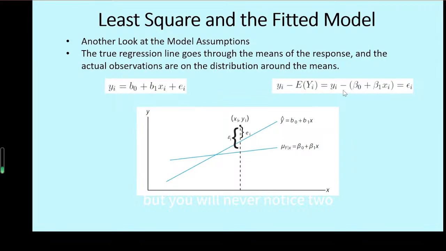But we never know these two parameters. So in this figure, you can see epsilon is the observed value minus mu y given x, which equals beta 0 plus beta 1 times x. And the error term ei is the difference between the observed value and the fitted value from estimation, right? So b0 and b1 here are the estimated parameters.